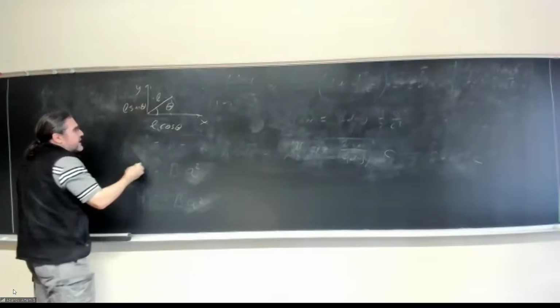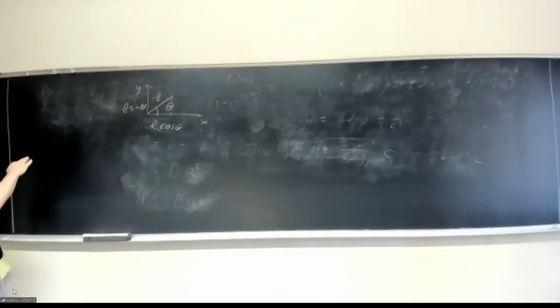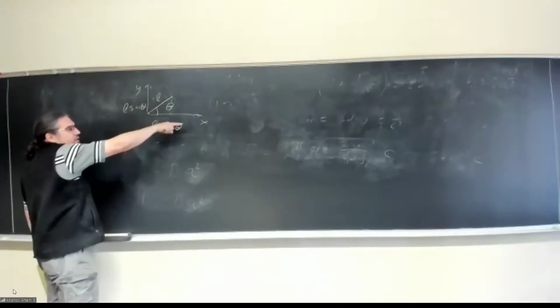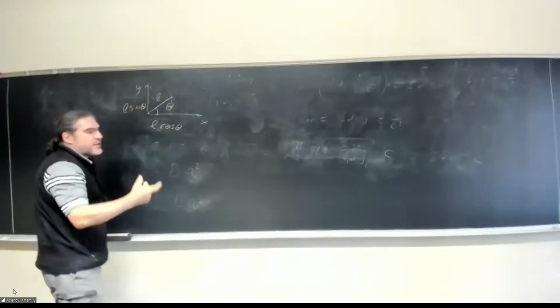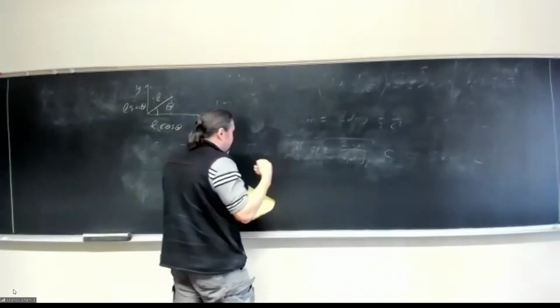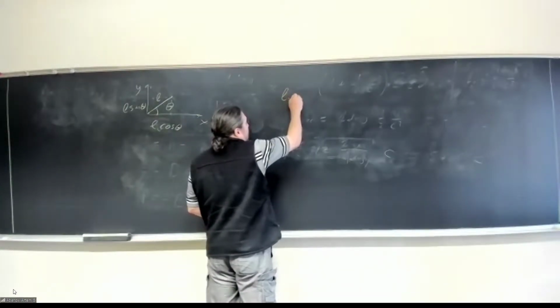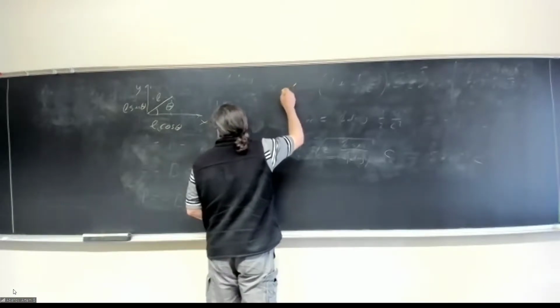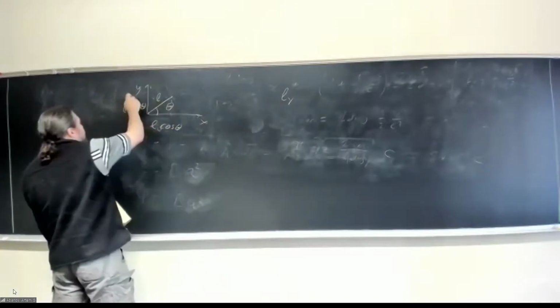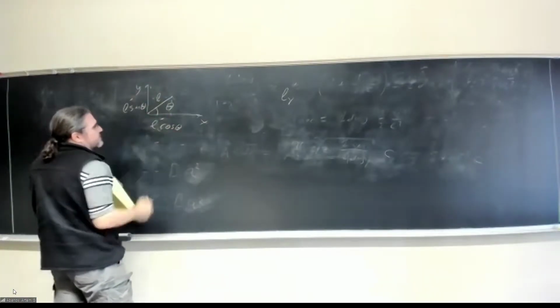Now I need to translate it into my own frame of reference. Because the velocity is along the x direction, y doesn't change. Let's call the moving system of coordinates prime.